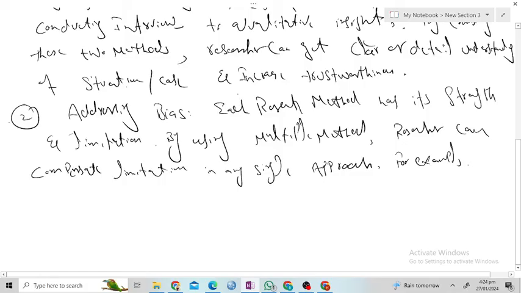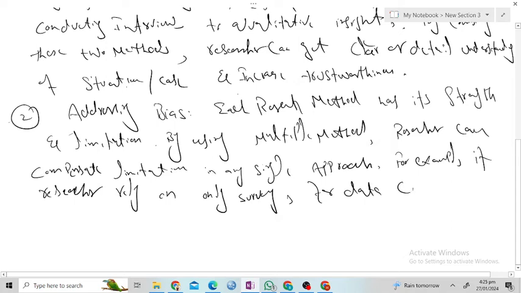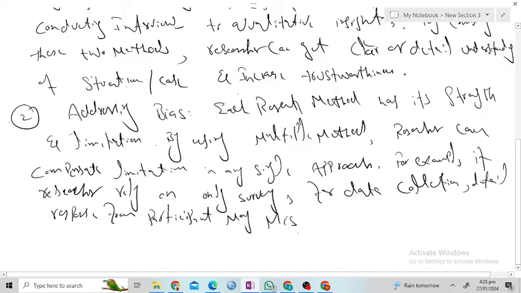Give an example. For example, if the researcher relies on only surveys, again I am using the terminology, surveys for data collection, detailed responses from participants may be missed.